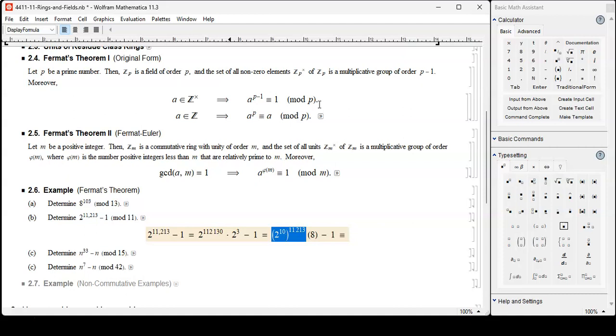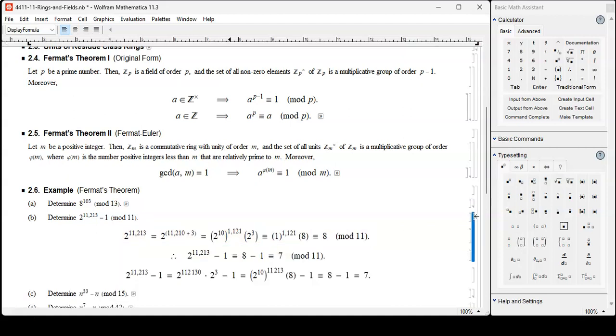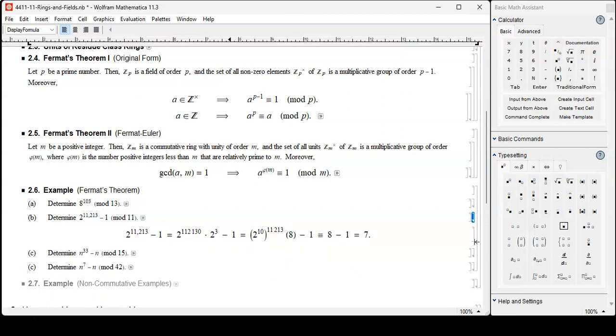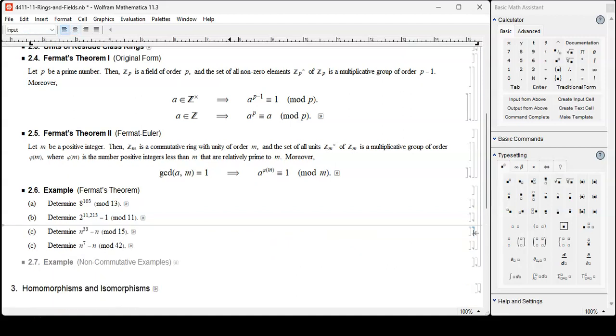That's 1 modulo 11. So we have 8 minus 1, and that's 7 modulo 11. Okay, this one looked more intimidating with its number, but actually it's much easier than the previous problem. Or maybe I wasn't clever enough in the previous problem. What did I do there? Yeah, that's the same deal. 10th power, mod 11, so the computation was easier.